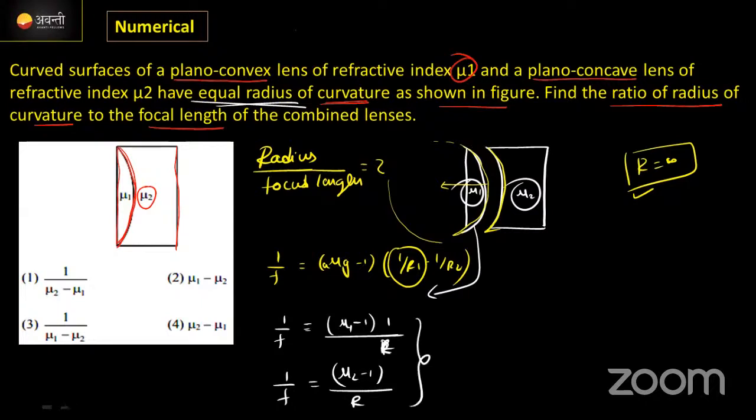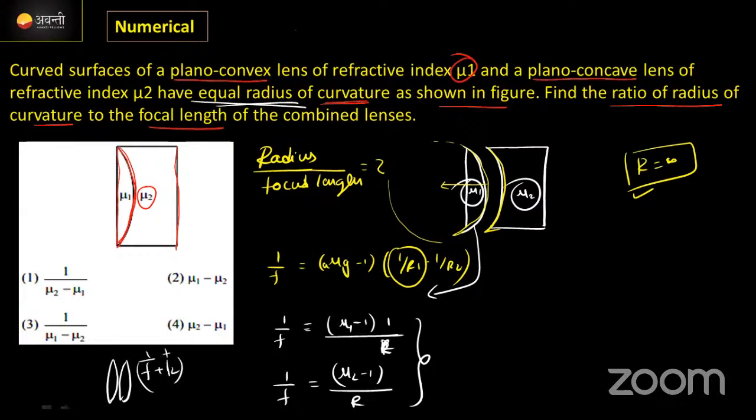Now what can we do here? Just remember when I was explaining the combination of focal lengths for lenses or mirrors. I told you that if the combination of lenses is the same like this, then the focal length is f1 plus f2, we add 1 by f1 plus 1 by f2.